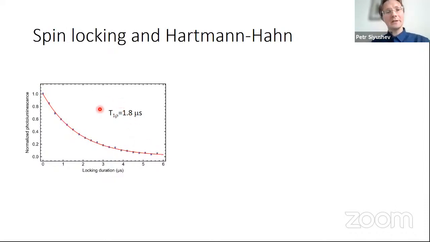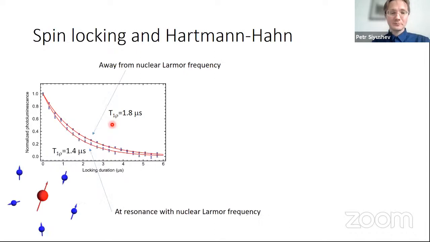This characteristic time T1ρ is basically the relaxation time in the rotating frame. However, the situation would change if the Rabi frequency of the locking pulse matches the Larmor frequency of the nuclear spins. In this case, we see a drop in the decay curve. Why is that?